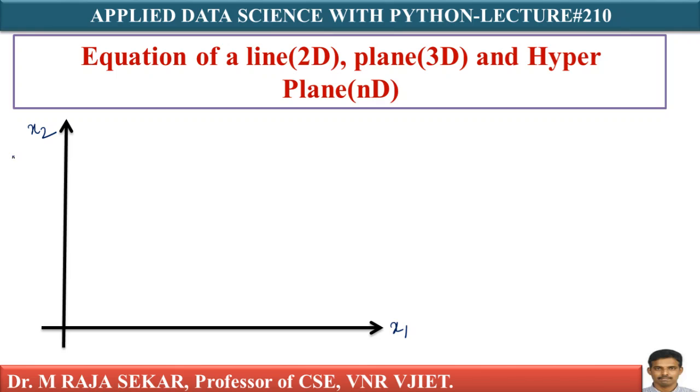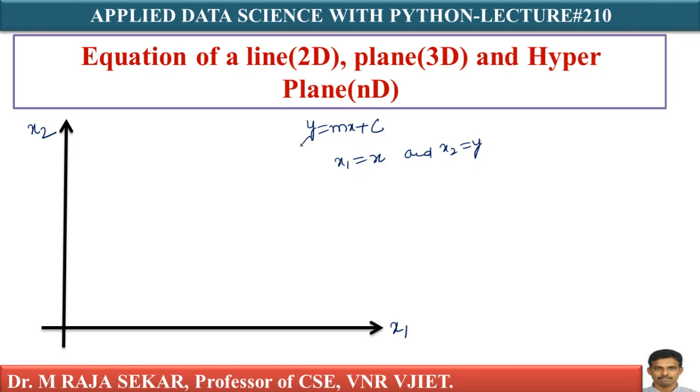If you remember your 10th grade or 11th grade maths, we always wrote our line as y equal to mx plus c. If x1 equal to x and x2 equal to y, just for my convenience, instead of writing x and y, I am writing x1 and x2. It's simple notation.